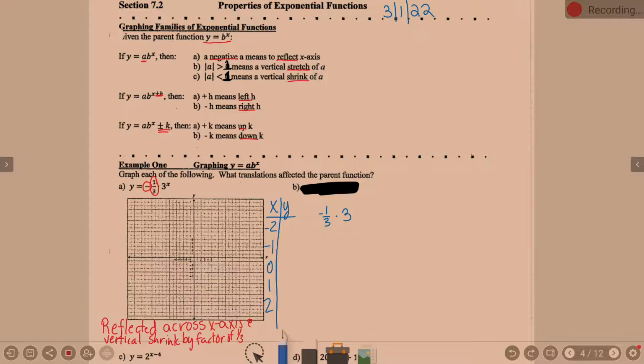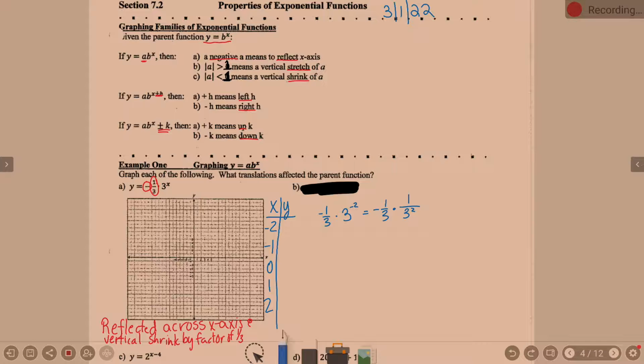What's our first x value we're going to put in here? Negative 2. Okay. See if you can think without the calculator first. How do we deal with a negative exponent? Yeah, you move it to the denominator and it goes under 1, yes? So I'm going to keep this as negative 1/3. So 3 to the negative second is really going to be 1 over 3 to the second.